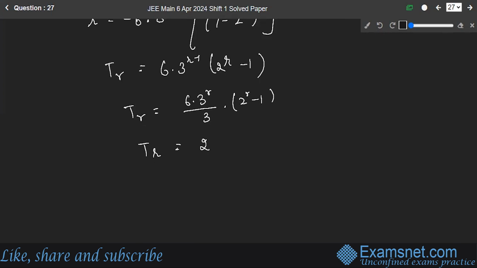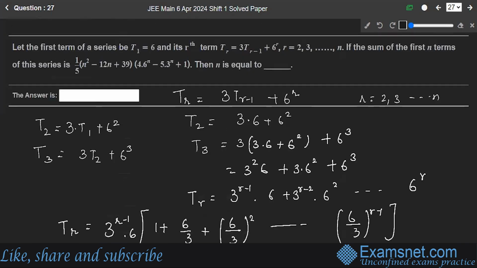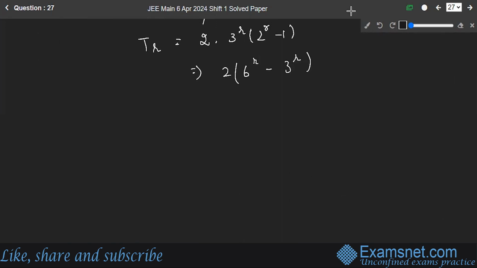Tr is equal to 2 into, this will cancel, right? 2 into 3 power r, 2 power r minus 1, or this would be 2 into 6 power r minus 3 power r. Now, what do you have to find out in the question? Sum of n terms of this series is equal to this, right? So that means let's find out the sum of the series now.